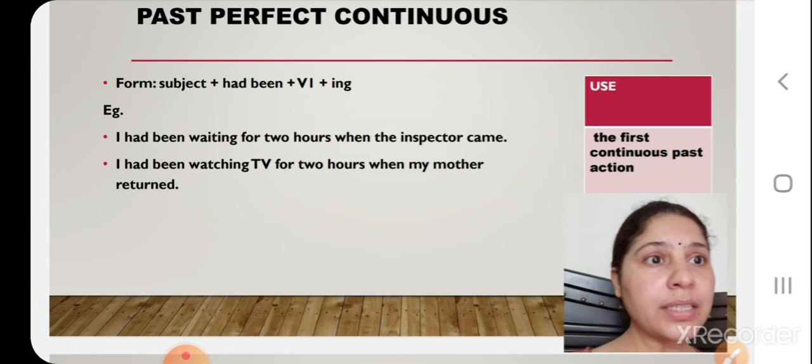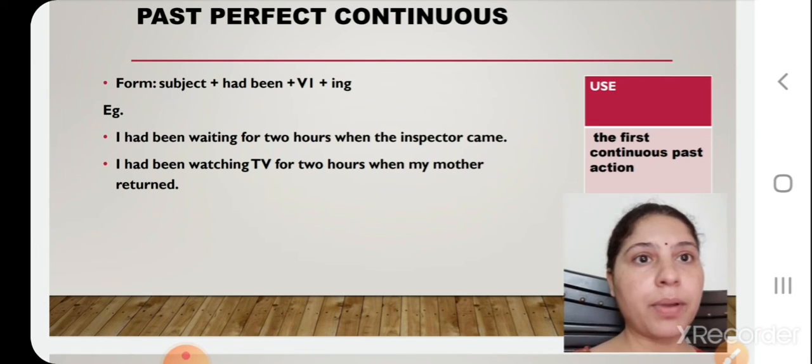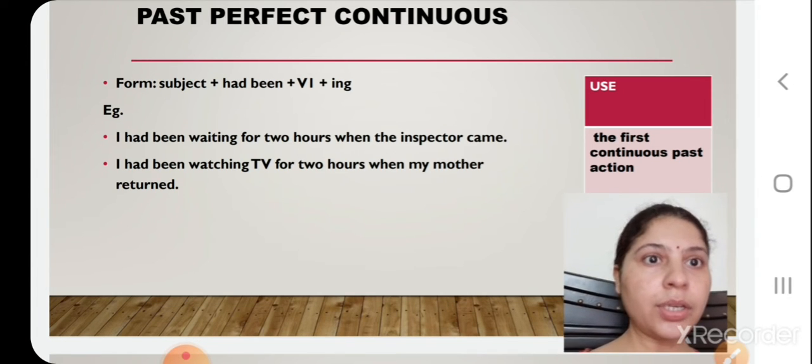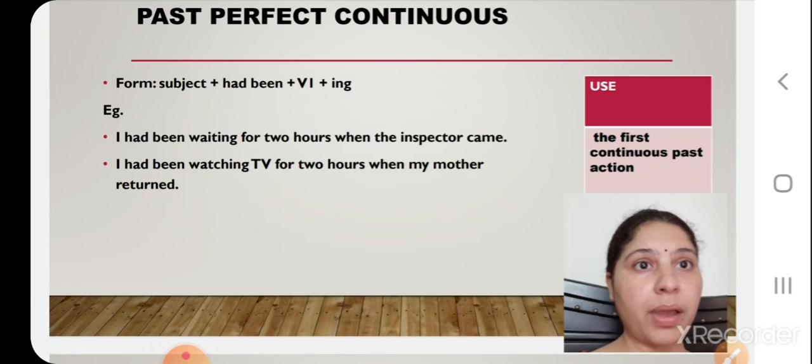So the first continuous past action will take up past perfect continuous, and the second completed action will take up simple past. So past perfect continuous is not much different from past perfect tense.